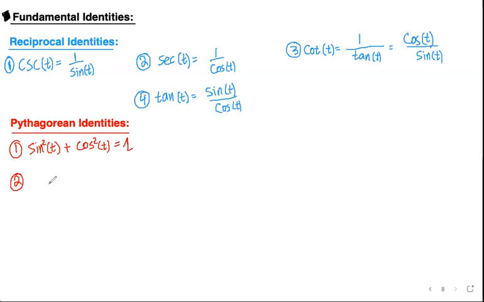Number 2: tan squared of t plus 1 equals secant squared of t. Number 3: cotangent squared of t plus 1 equals cosecant squared of t. You have to memorize all of these for the exam. Any question?